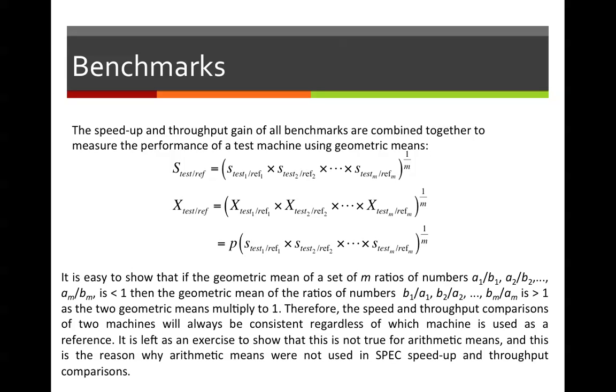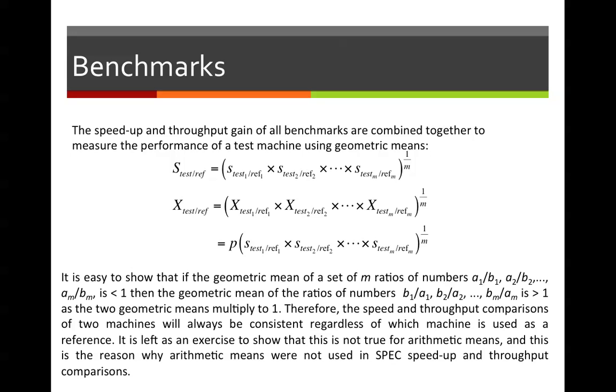So when you take the geometric mean of a set of m ratios like a1 over b1, a2 over b2, and so on, and if that happens to be less than 1, then of course the geometric mean of the ratios b1 over a1, b2 over a2 will have to be greater than 1, because the two geometric means would multiply to 1. So that's a consistent average metric, because it does not lead to any of the ratio games we talked about.